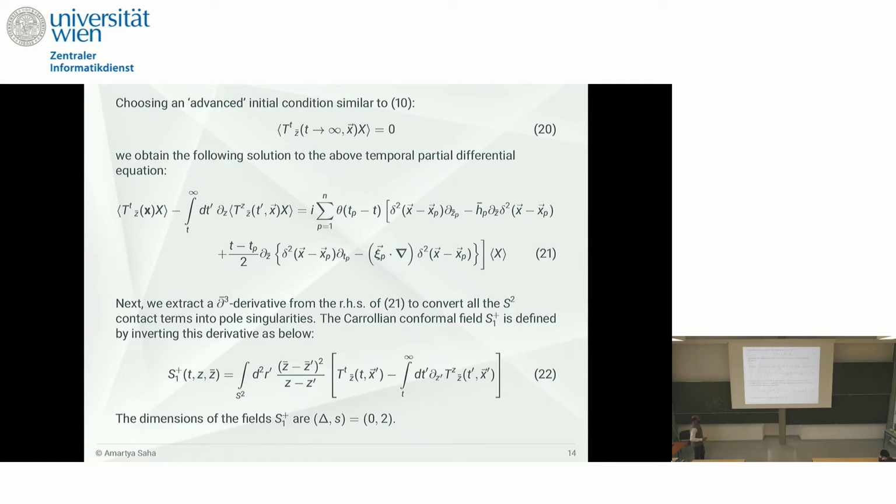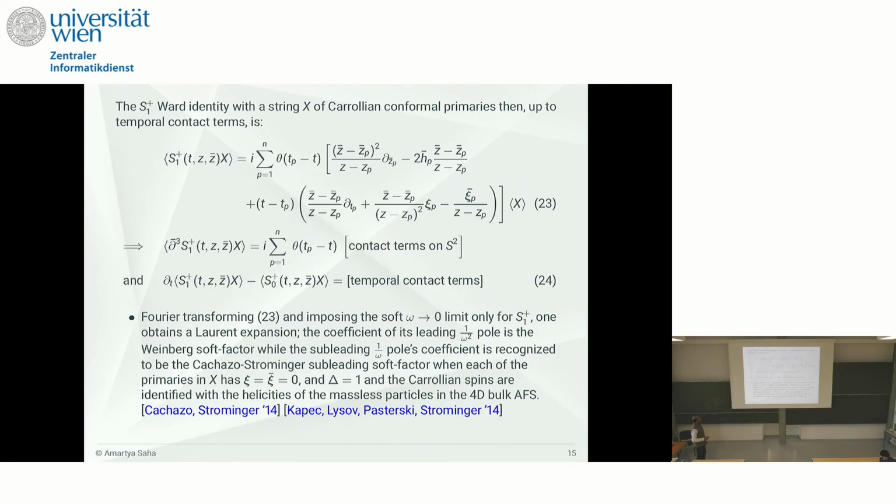The dimension of this S1 plus field is (0, 2), with delta equal to 0, and the S1 plus word identity with the Carrollian conformal primaries is given by equation 23. Equation 24 simply follows, and you can observe that it is true.